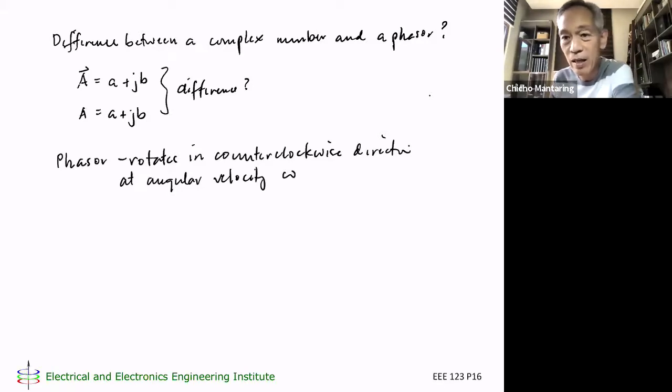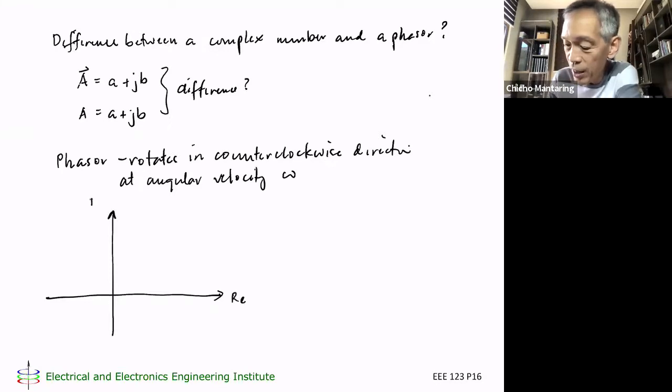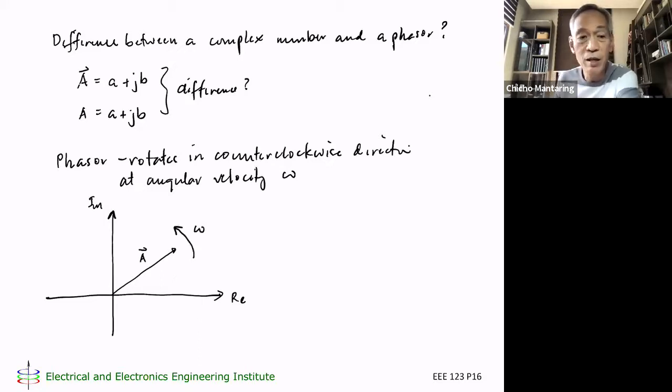So if this is my complex plane, this is the real part, this is the imaginary part. If this is my phasor, let's say this is my phasor A, it rotates like this at angular velocity omega. So this is a phasor.